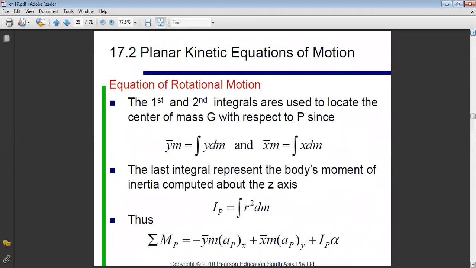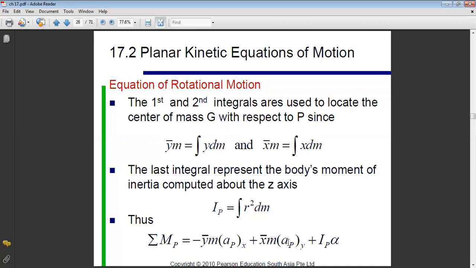Look, we have that sum of moment about P is equal to minus y bar M APX plus x bar M APY plus IP alpha. But if P is fixed, if P is not moving, what will be APX and APY? They will be 0, of course, because a fixed point doesn't have a velocity and doesn't have an acceleration.